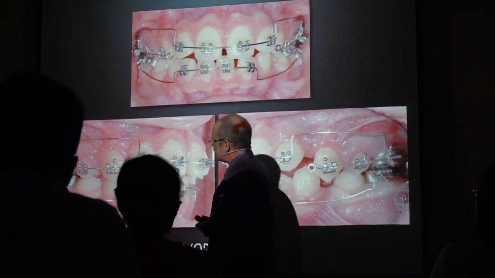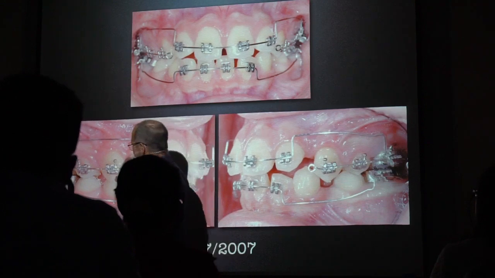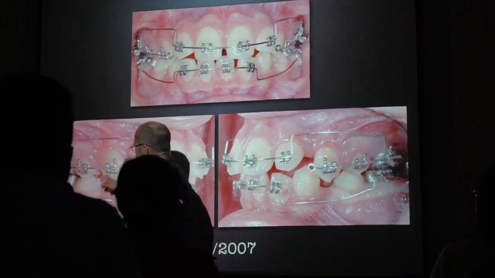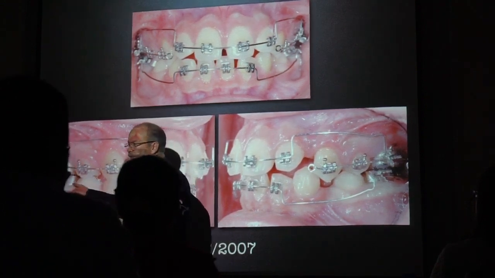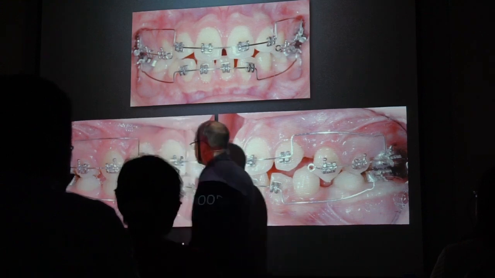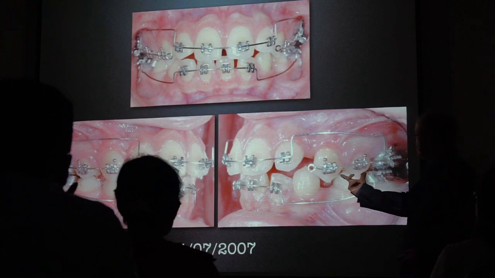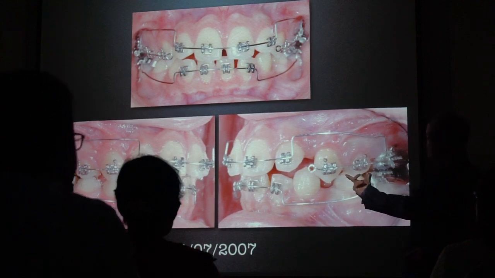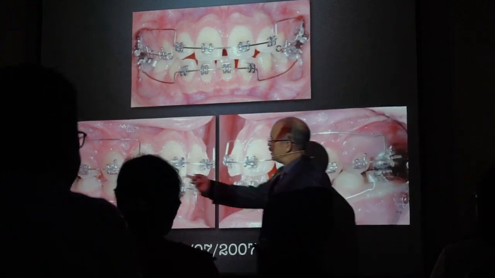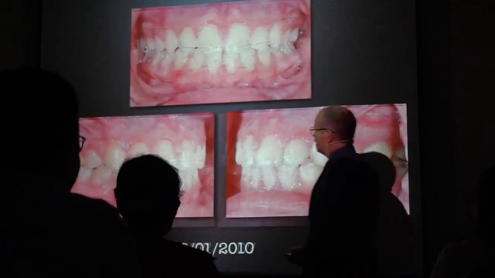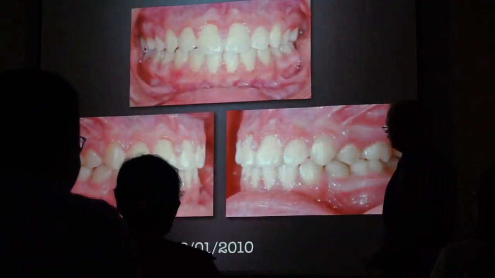And then we can use here a very simple class 2 mechanic. Here we are already in class 1, so we can use it only on this side. And we finish the case.